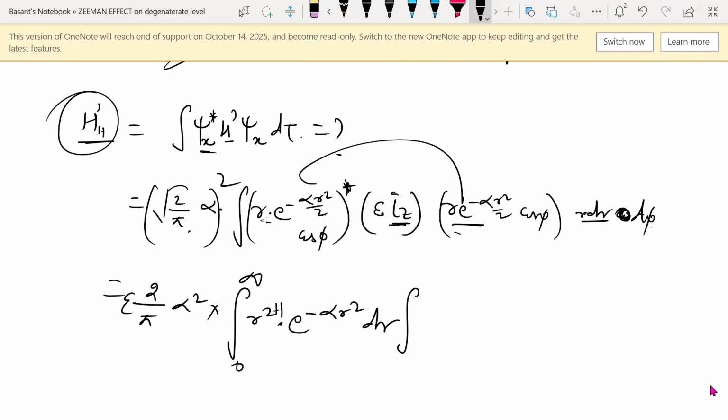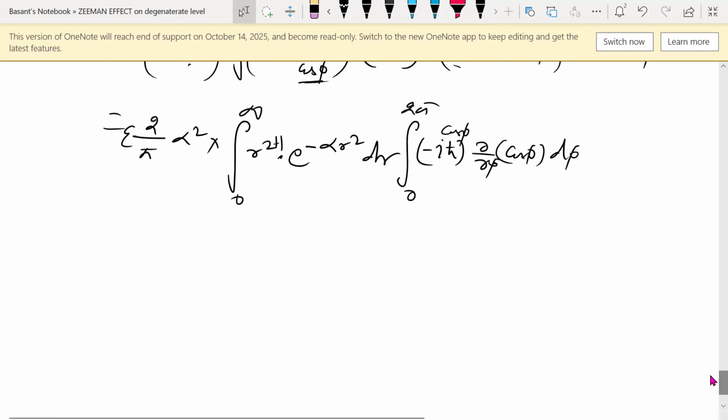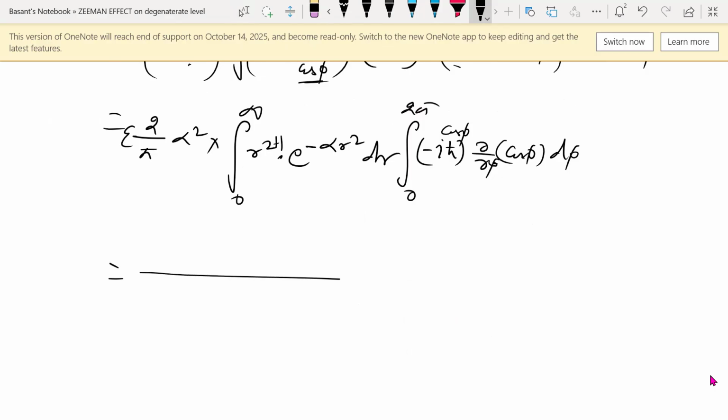Now epsilon is also a constant, and Lz gives minus i h bar del by del phi. So del by del phi acts on cos phi, and the other cos phi is also taken here, d phi from 0 to 2 pi. Now we will see this integration.